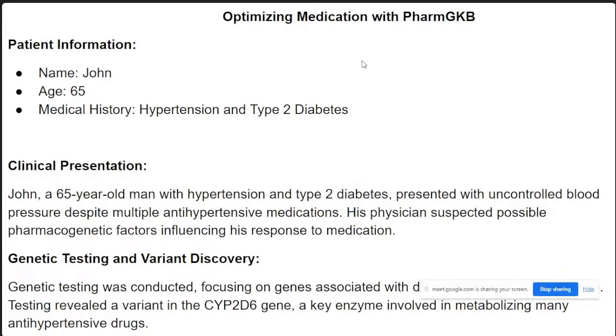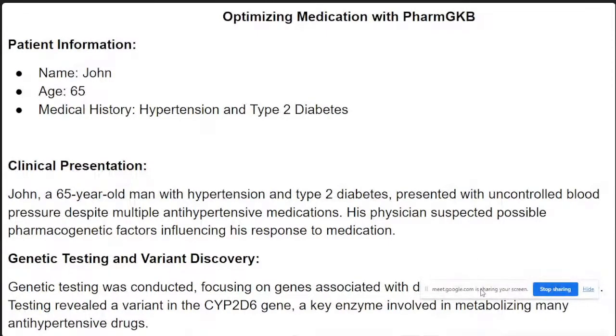But just to be sure that there is truly a variant in John's genetic makeup that is making the antihypertensive drug not work for him. So it may be a kind of variant in his genetic makeup.